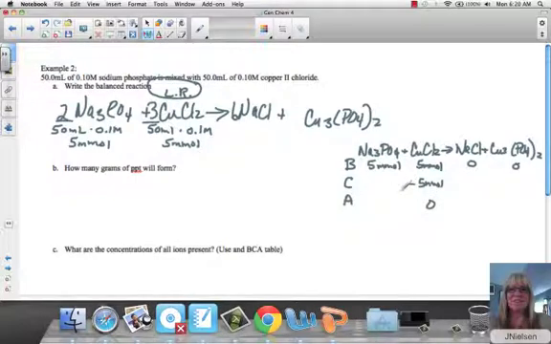Right away, I know that my concentration of Cu ions at the end is going to be 0, because all of that is going to combine with the PO4 to make the solid precipitate, which I should have put in. NaCl is aqueous, so they're going to be floating in solution.